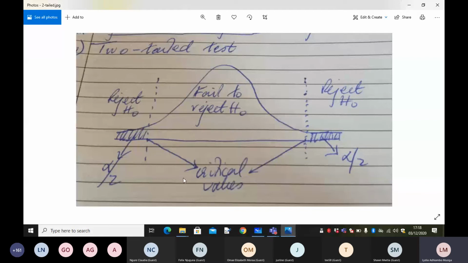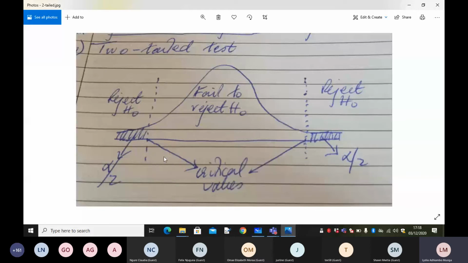The statistic that we shall calculate, which is referred to as the test statistic, is the one that may fall on any of the regions, and depending on where it falls, we shall say, okay, because it has fallen in the rejection region, then we reject H0.